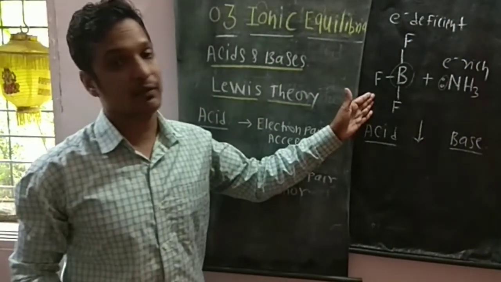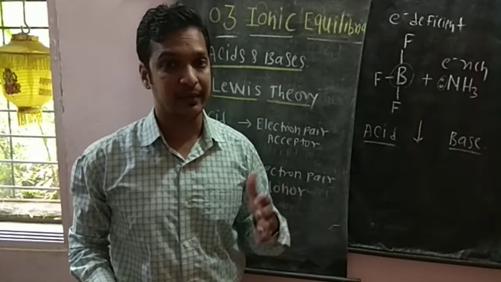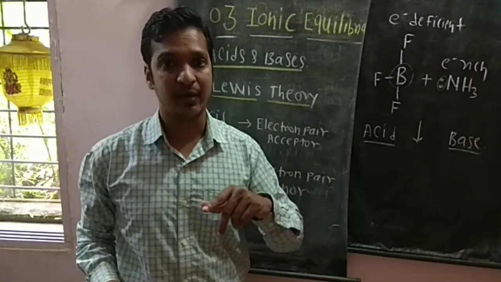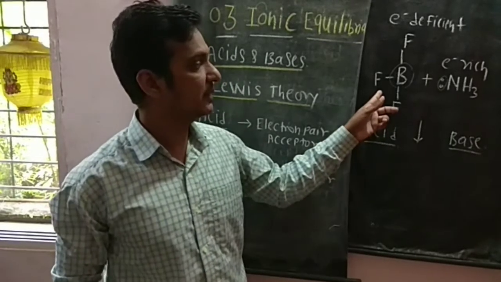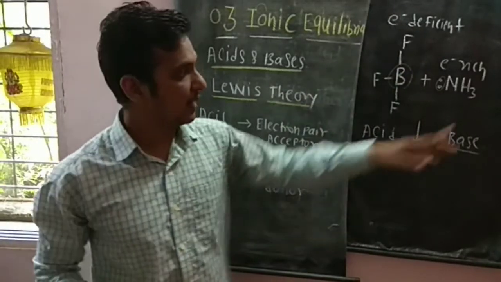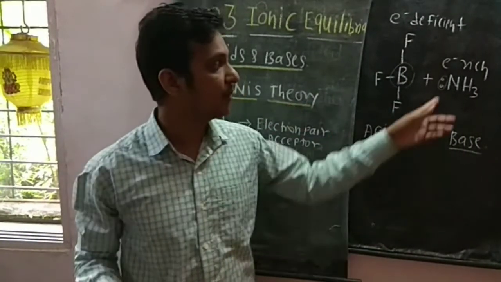Why is BF3 electron deficient? Because it contains only 6 electrons in its valence shell, it requires 2 electrons to attain an octet. And why is ammonia electron rich? Because ammonia contains excess electrons in the form of a lone pair.